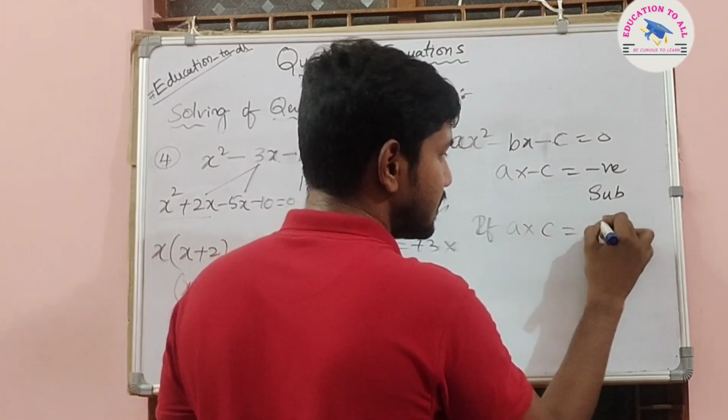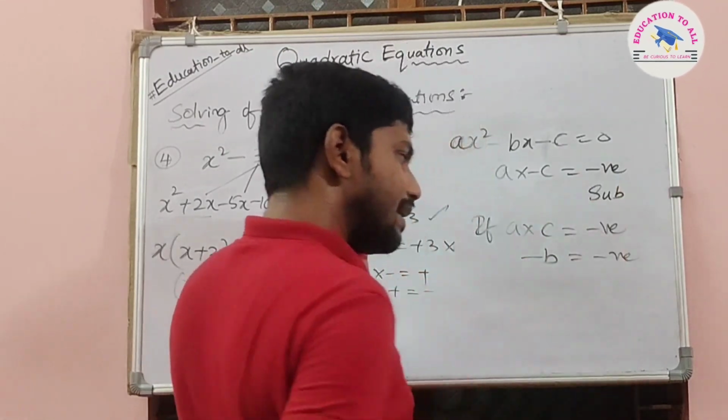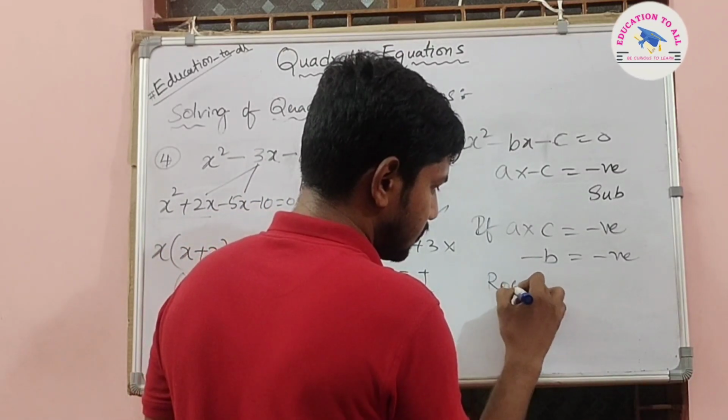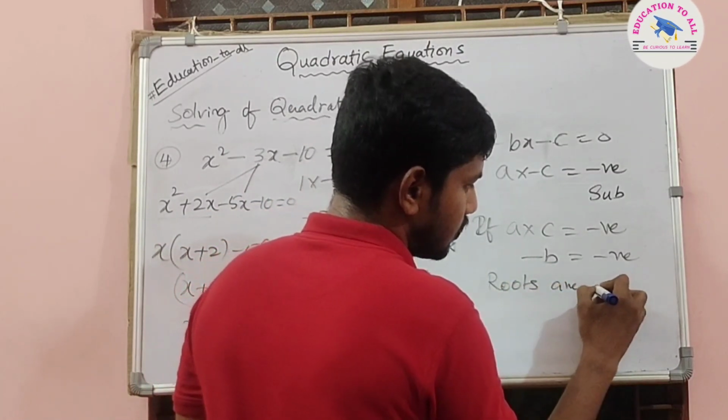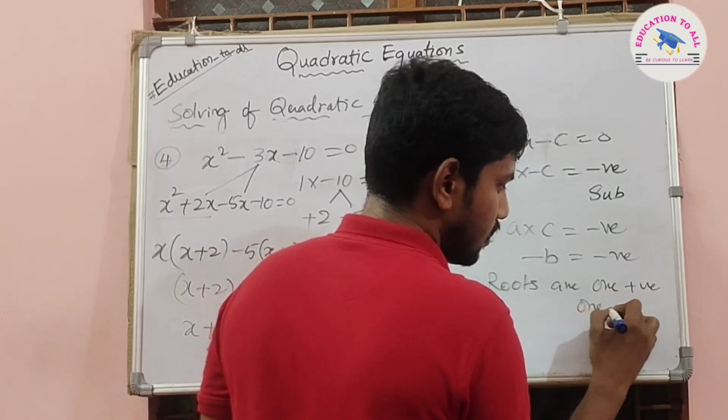If a into c is negative and the middle number b is also negative, both roots are one positive and one negative.